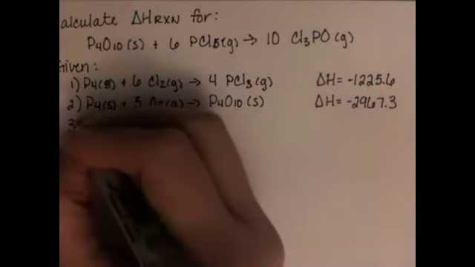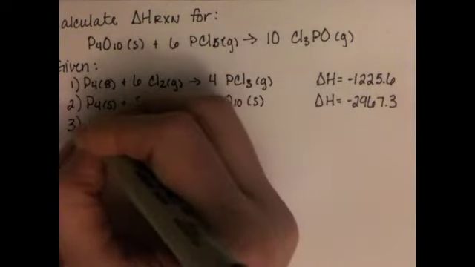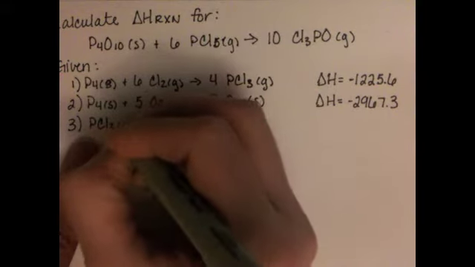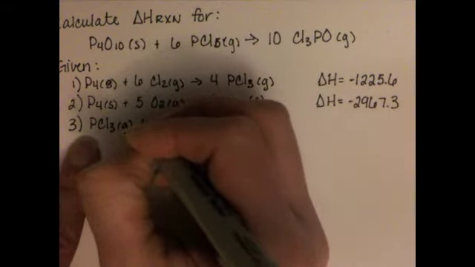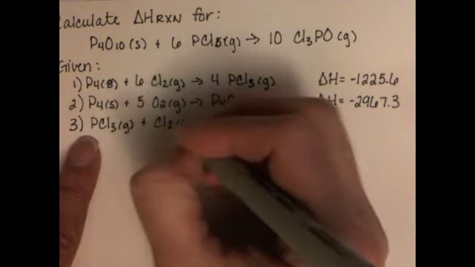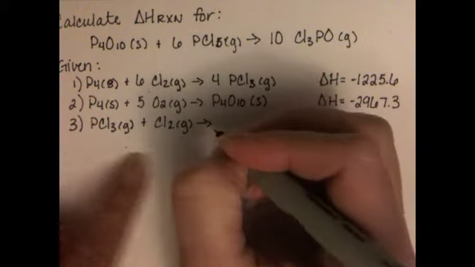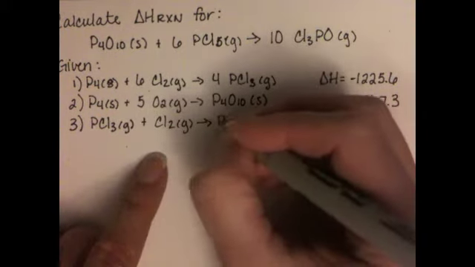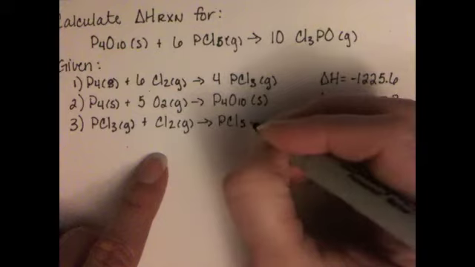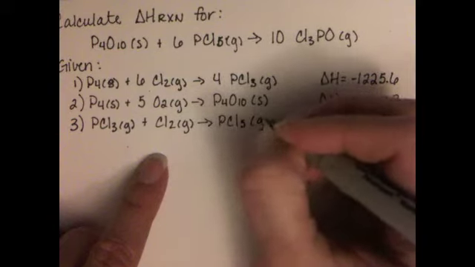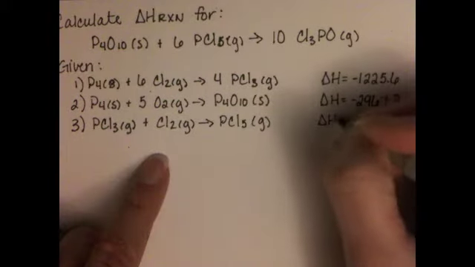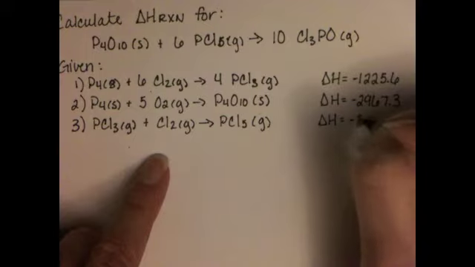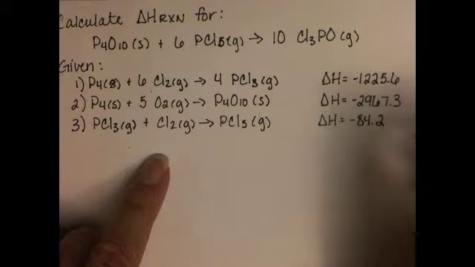Equation number 3 says PCl3 gas plus Cl2 gas produces PCl5 gas. Delta H for that is negative 84.2.